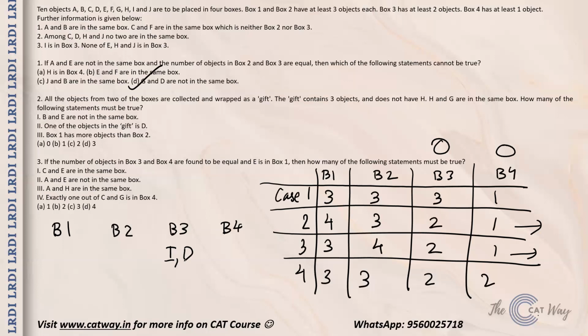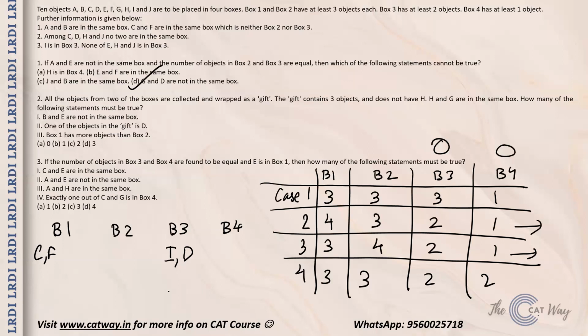Now A and B have to go in either box 1 or box 2, and they have to be in the same box. Next thing we know is that C and F are in the same box, that is neither box 2 nor box 3. They can also not go into box 4, so the only possibility for C and F is to go into box 1, right?